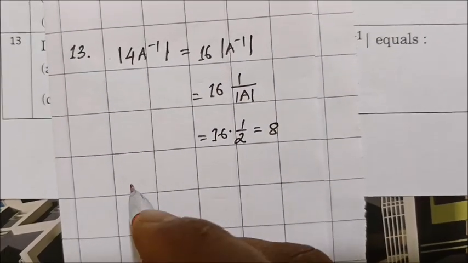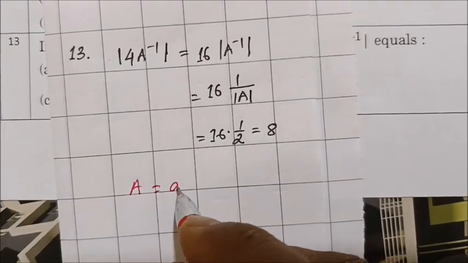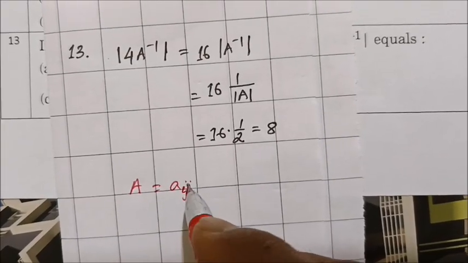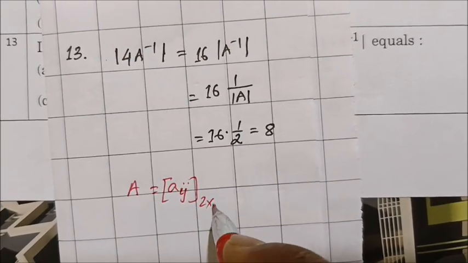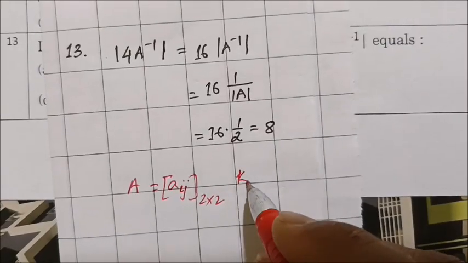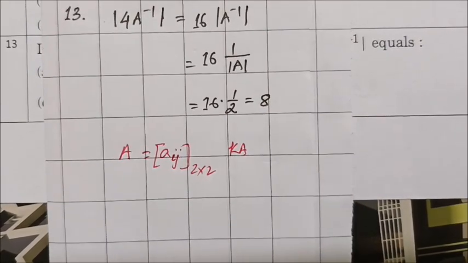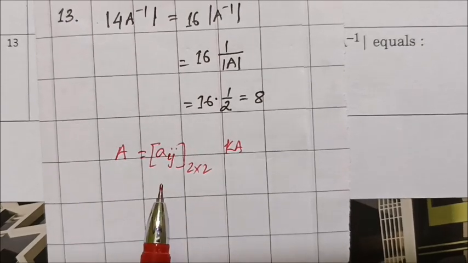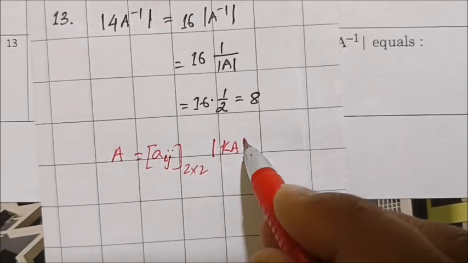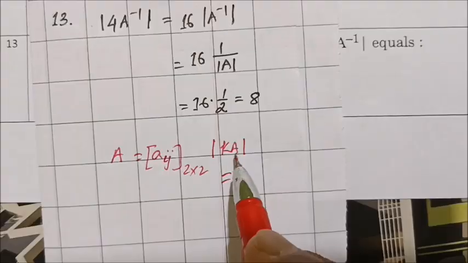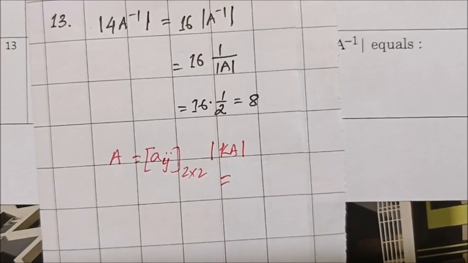Actually, suppose A is a 2 by 2 matrix Aij. If I multiply KA, then K gets multiplied to each and every element of the matrix. So when you take the determinant, what happens? This K comes out from each and every row.